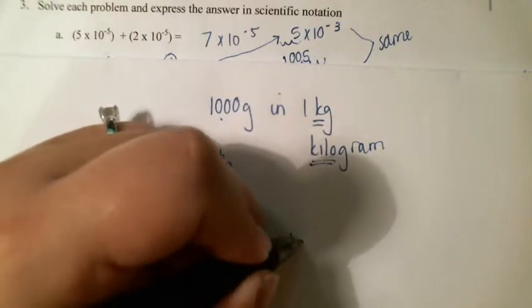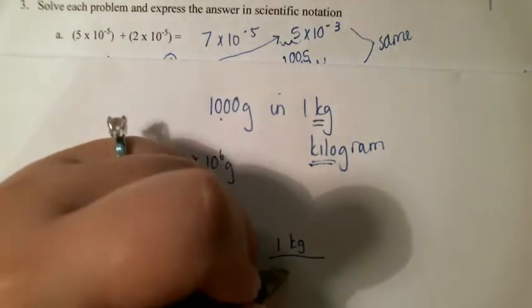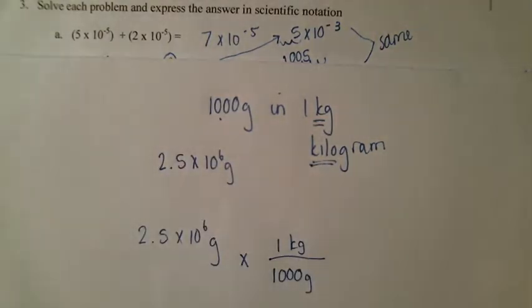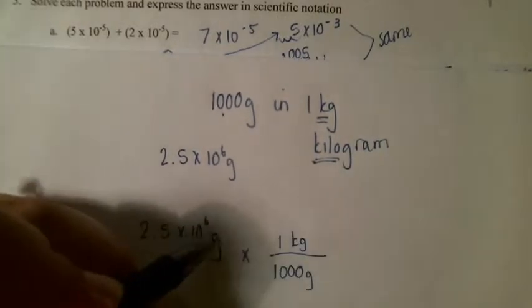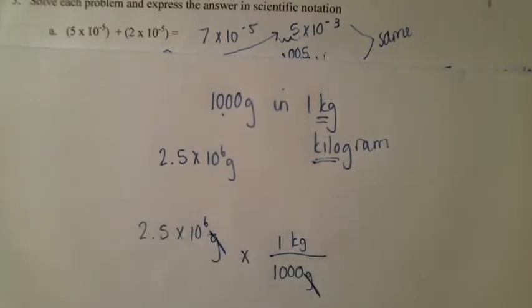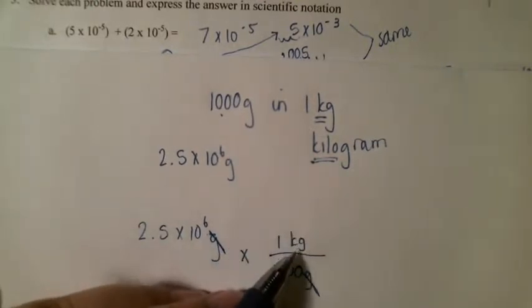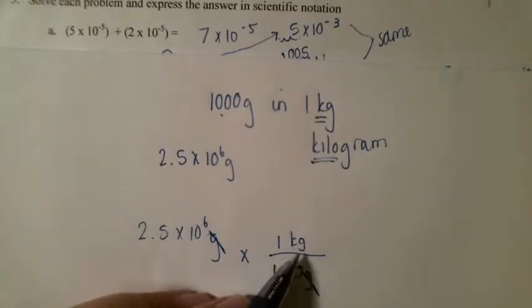So for 1 kilogram, there's 1,000 grams. I purposefully put the grams in the denominator, so that our units can cancel. Grams need to cancel so that we end up with kilograms, because the answer needs to be given in kilograms.